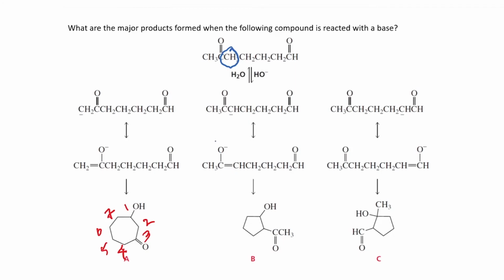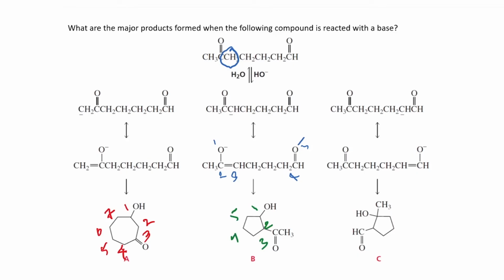If I number it, 1, 2, 3, 4 and 5. This is the reaction that actually occurs, and it gives me a 5-membered ring, which is not unstable.